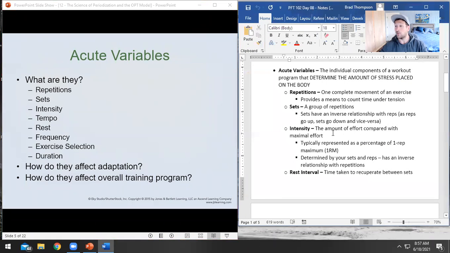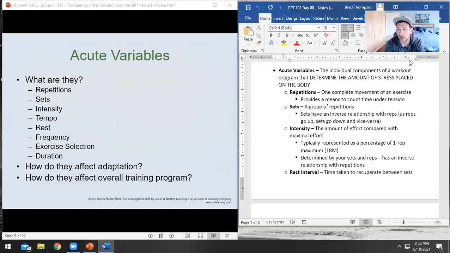Before we talk about that, we need to have a pretty good understanding of what all of those individual pieces are. That is all of those things I just mentioned: reps, sets, tempo, intensity, even your exercise selection, which we have already been talking about, in terms of which exercises you choose.